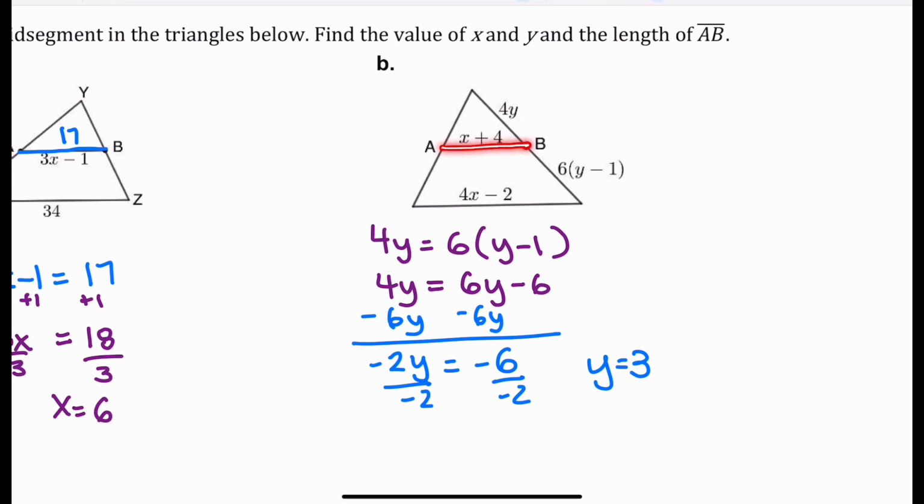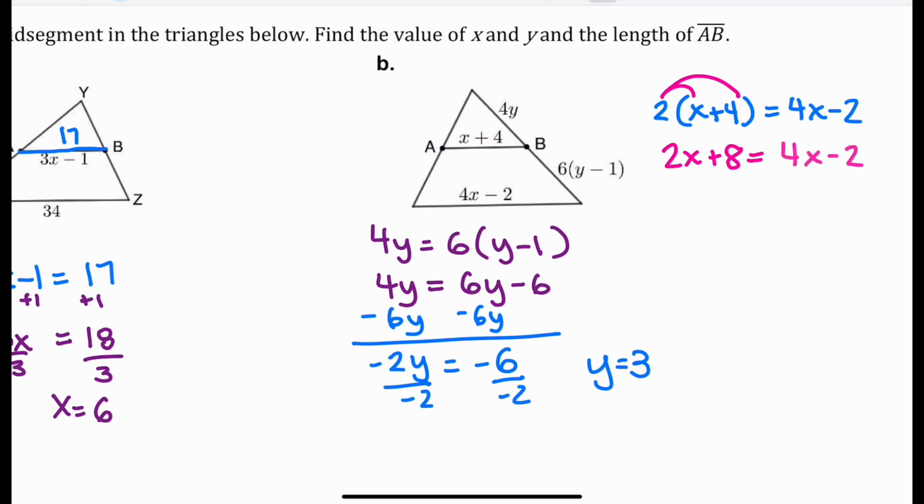Now let's look at our x's. I've got this piece right here, and if I multiply that by 2, I'm going to get the 4x minus 2. So I'm going to take 2 times x plus 4, and that's going to equal 4x minus 2. I distribute the 2 through. I want to get x's on one side, numbers on the other, so let's minus 2x from both sides.